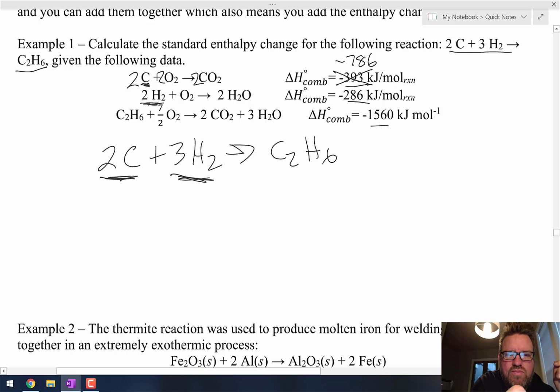So this has 2 hydrogens, and it's the only spot there is. So now I need to take this whole equation and multiply it by 1.5. That will give me 3 H2s, 3 halves of an O2, and also 3 waters.